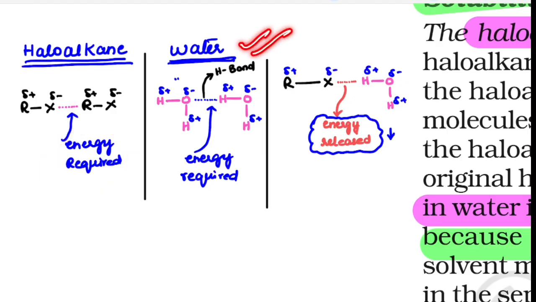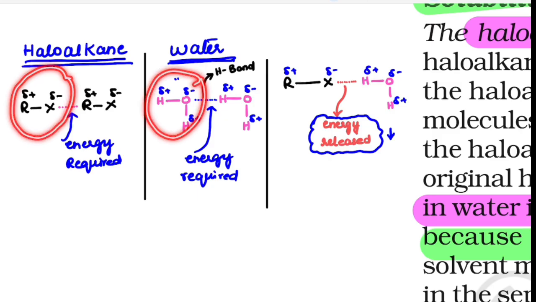Now we will take water. In water you know that there will be hydrogen bonding between two water molecules. Again, to break this hydrogen bonding you have to supply energy. Here you can see there are two different types of bond. Here, due to attraction, a bond is formed, and here a hydrogen bond is formed. So two different types of bonds are there, and you are breaking them by supplying energy. Now you take one molecule of haloalkane and one molecule of water.